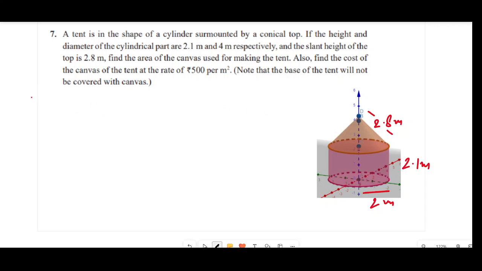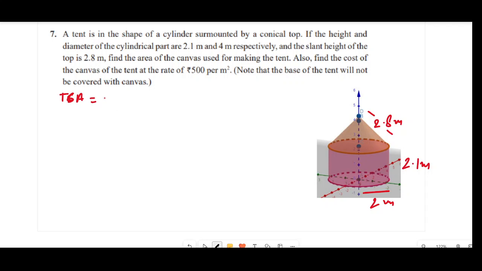So recognize this figure, and total surface area will be, what will be? Here we are using the curved area, so total curved area.